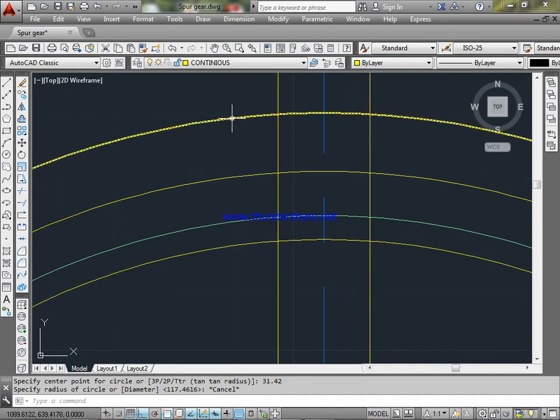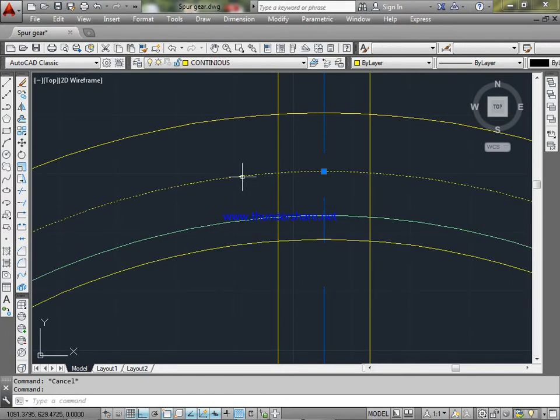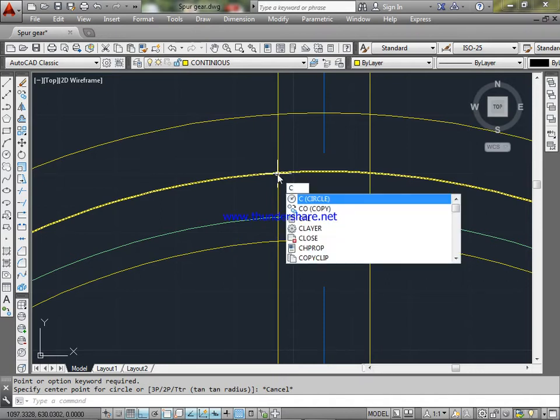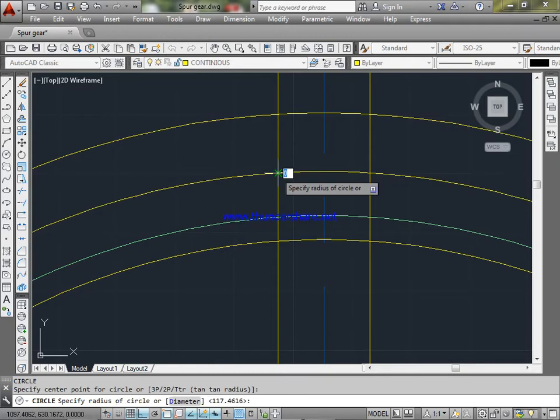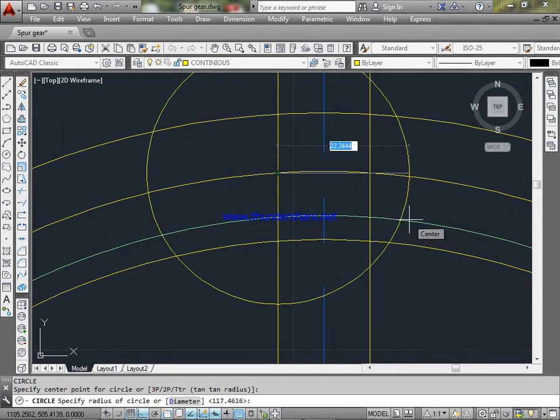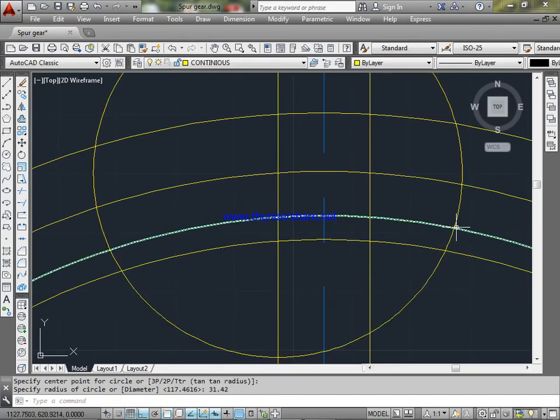From one point of the tooth thickness, we make an arc over the base circle, taking circular pitch as the radius, 31.42 millimeter, which touches the base circle from here.